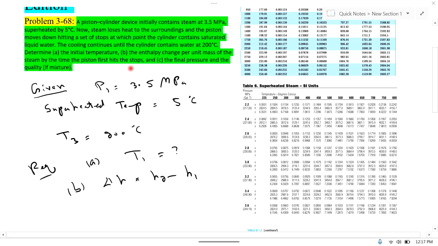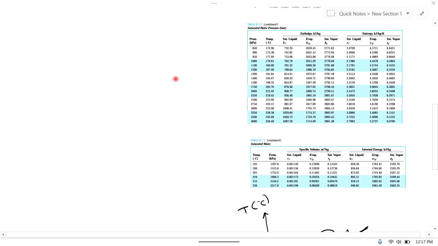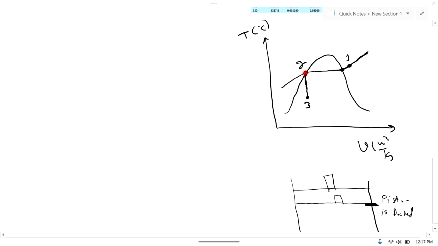It means that when the system is locked at this point, the start is H1 and the end is point 2. So find H2. Del H is equal to H2 minus H1.